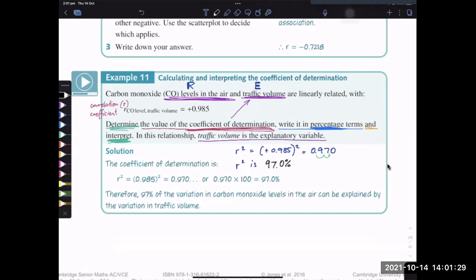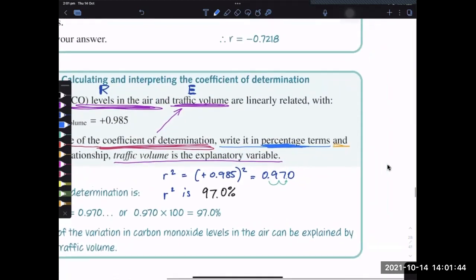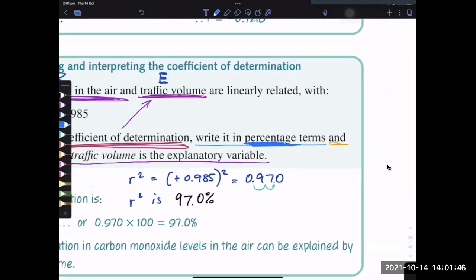Once you've got that, if you leave out the 0.0, that's fine, because here they didn't specify it. Maybe they will say 2 significant figures. This is why it's good to have a look at some exam questions.